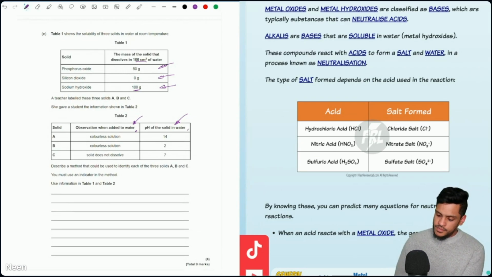So yeah, the first part, observation when added to water. So literally the first step here is they've added the solid to water.